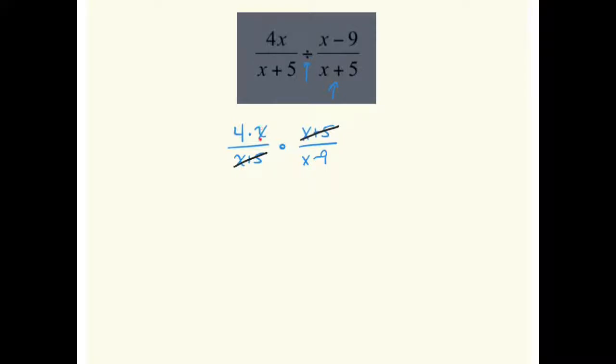Reminder, you cannot cancel this x and this x. You do have 1 in the numerator and 1 in the denominator, but this one's a factor because it's being multiplied by 4. This one is a term because it's x minus 9, so we can't factor those out. So my solution is 4x in the numerator and x minus 9 in the denominator.